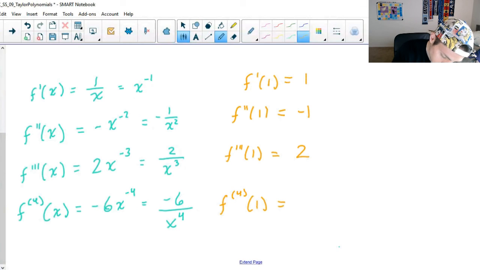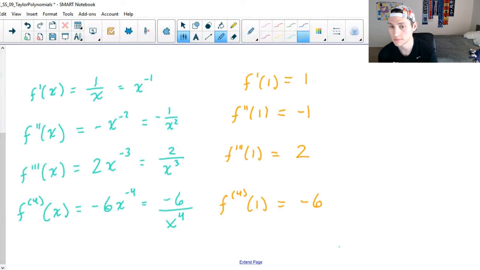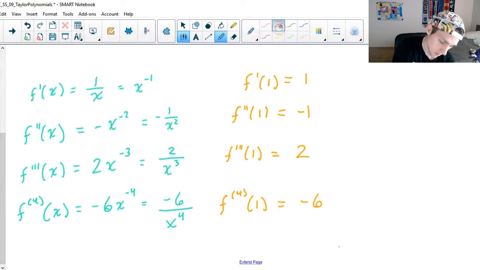And the fourth derivative, negative 6 over 1 to the fourth, it's negative 6. Great.